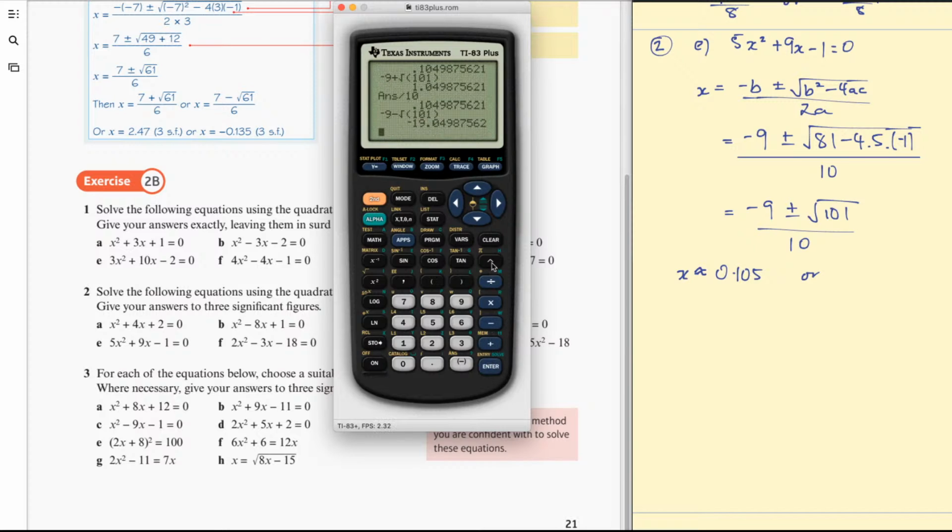The negative, and then divide that by 10. That's -1.90, and we'll leave that as 0 because the next number is a 4, so we do not add 1 to the 0. So we also have x approximately equal to -1.90.